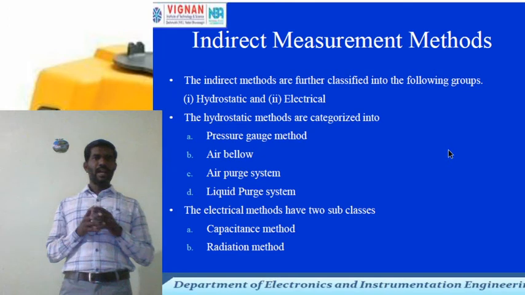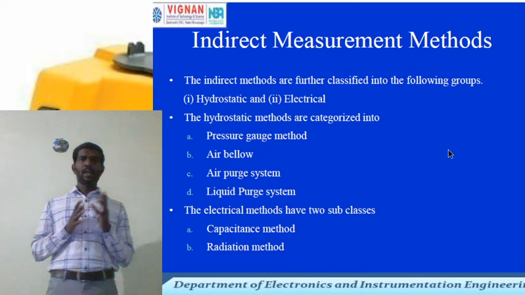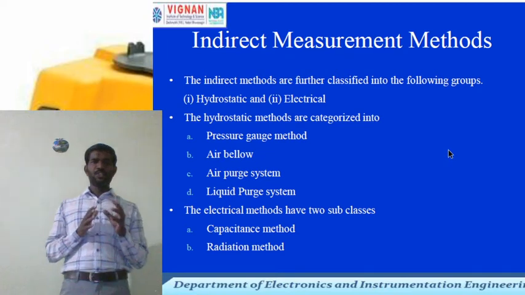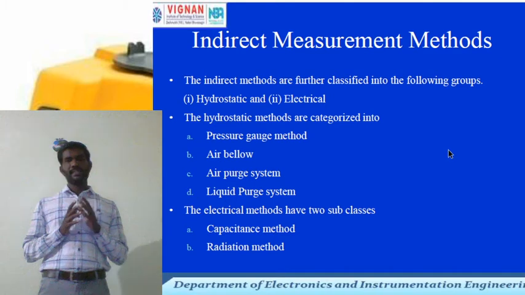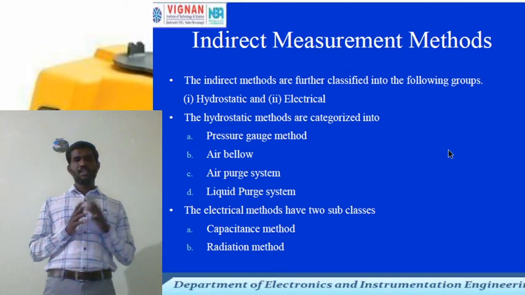The hydrostatic methods are classified into different types: pressure gauge method, air bellow method, air purge system, and liquid purge system. And one more, the electrical method, has two different types: capacitance method and radiation method.